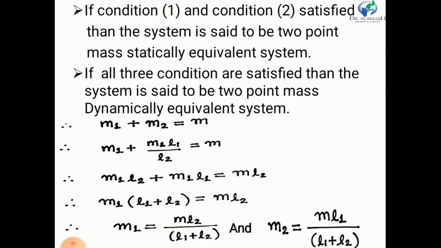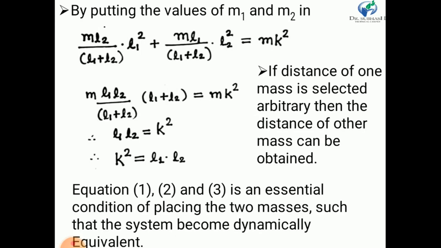See, if we follow a similar procedure and here we put the value of m1, then we get the value of m2. So we get m2 is equal to m l1 upon l1 plus l2. Now we put the value of m1 and m2 in equation 3.